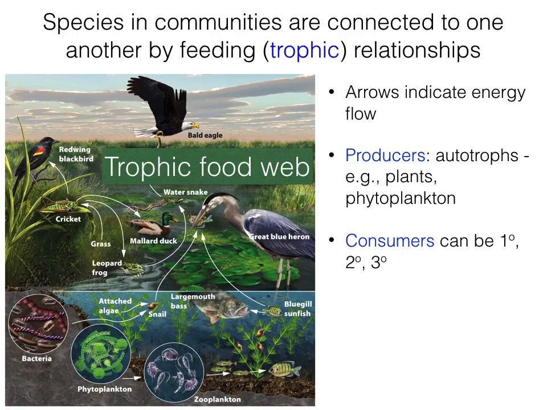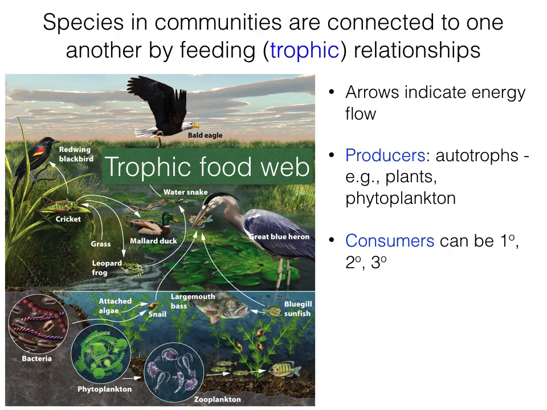Carnivores can be secondary, in which case they consume herbivores, which are the primary consumers, or they can be tertiary consumers, in which case they're usually top predators. In this example, the bald eagle, of course, would be a top predator.